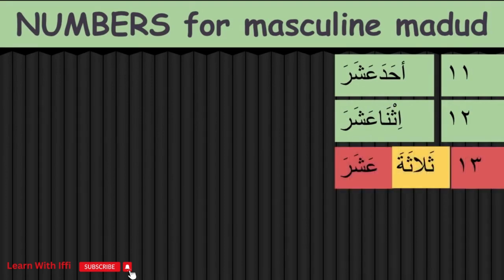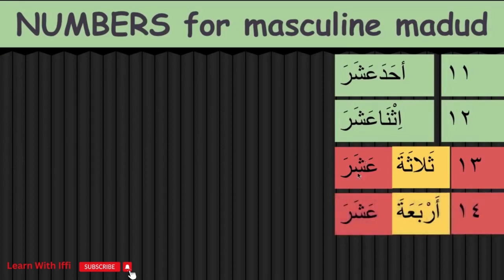Coming to 13, here is where things will change. From 3 to 10 we have different characteristics, and from 13 it's the same characteristics here. The first number, thalathata, will be used for a masculine ma'dud, and ashara will remain ashara. So we have two characteristics here.